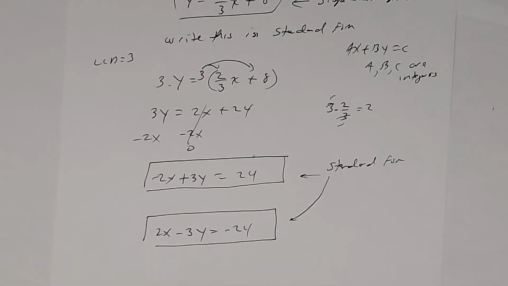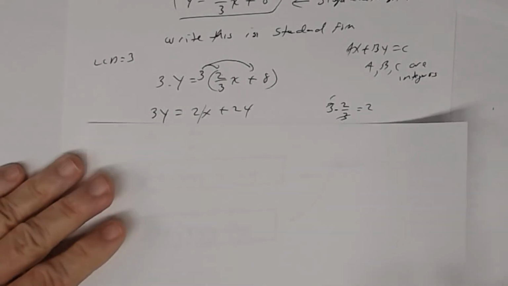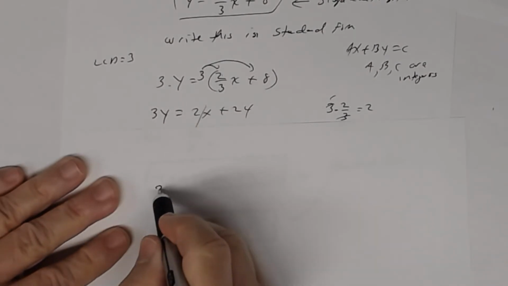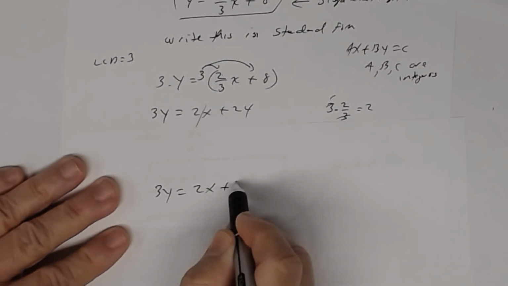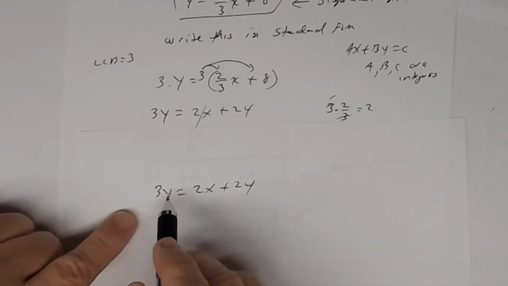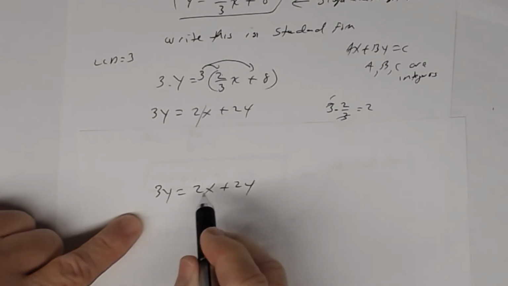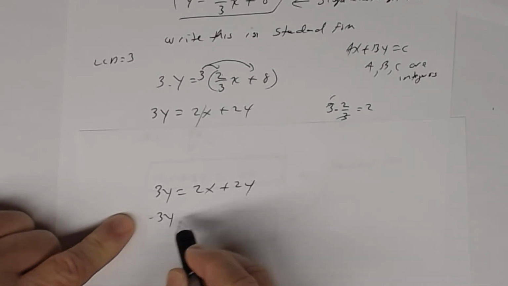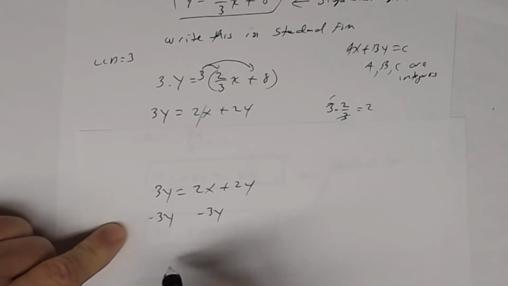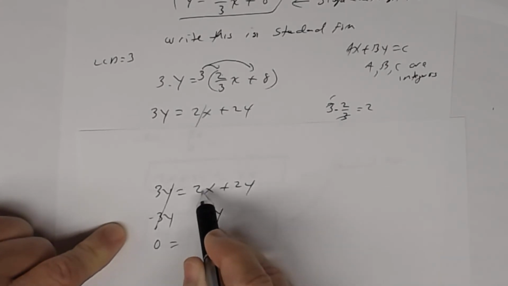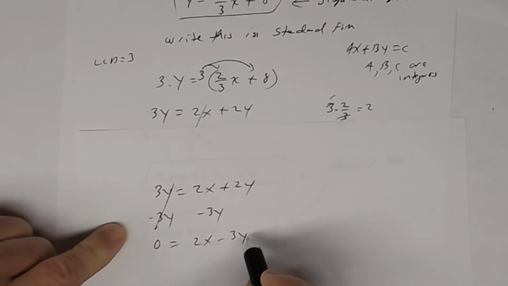But let me just show you how they would have gotten this. So remember we're right here, 3y equal 2x plus 24. So what they probably did is this. They probably brought the 3y to the other side, which is fine. So subtract 3y from both sides. And then 3y minus 3y is 0 equal 2x minus 3y, plus 24.